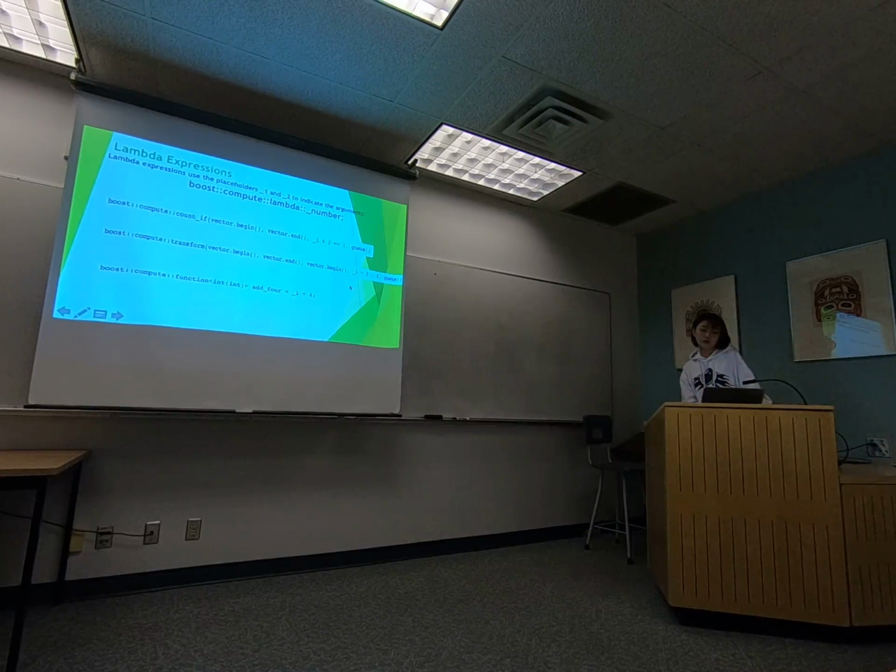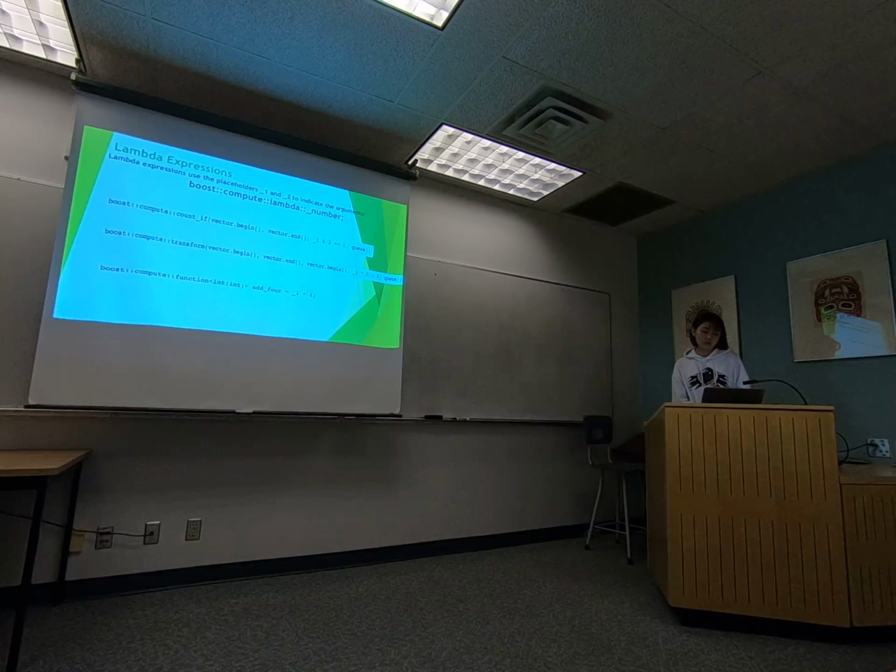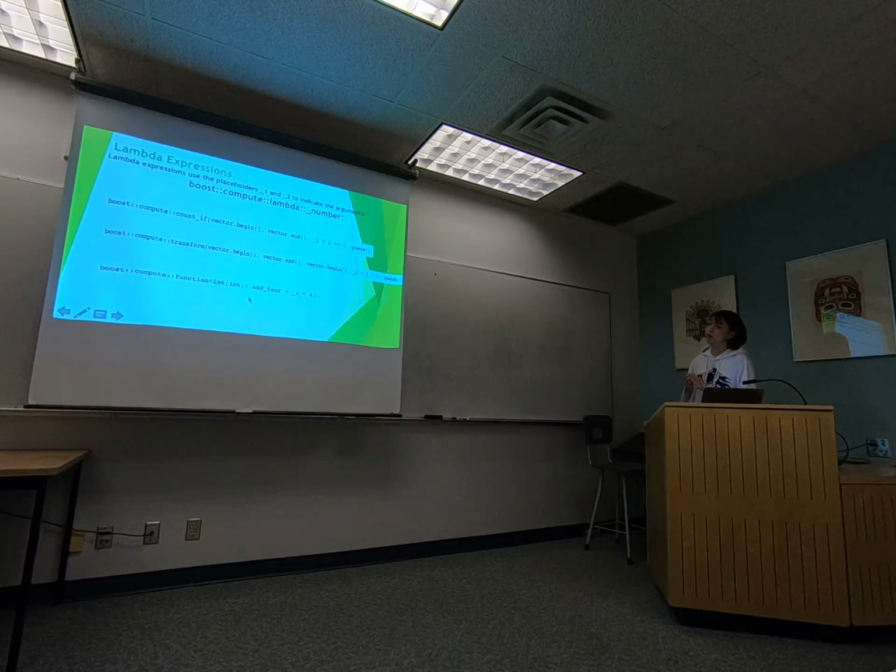The first is to count the odd numbers in the vector. And the second example is to multiply each element in the vector by 3 and subtract 4. The last example shows how Lambda expressions can be used in built-in functions.